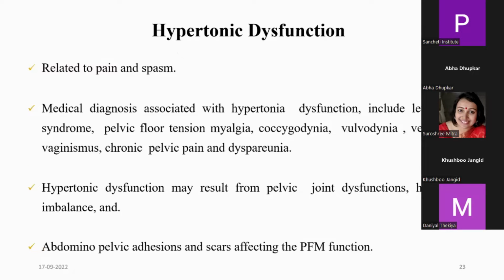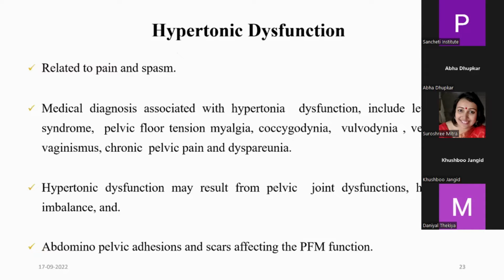Now, the term itself gives you hypertonia, that is, an increase in the tone. Hypertonia is related to the pain and the spasm of the pelvic floor muscle.